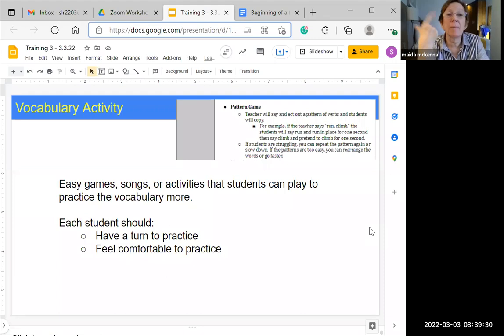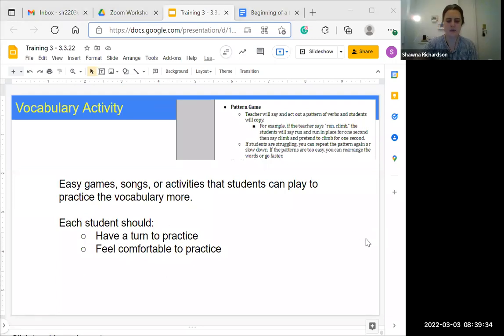Also, it keeps them on their toes. Yeah, exactly. I think someone said earlier that your students also don't get bored. We want them to have fun practicing English and reading the storybooks. If you can make it as fun as possible, then your students will be engaged and excited to read the story and to participate.